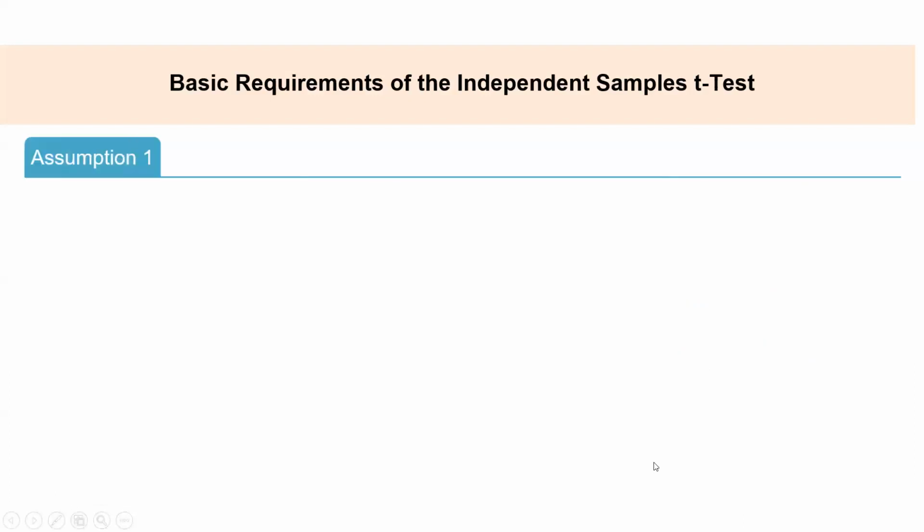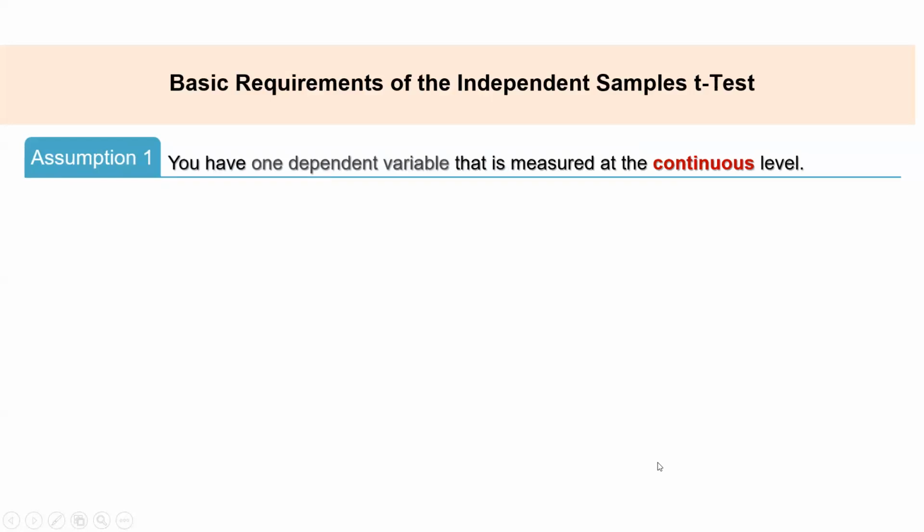Let's have assumption number 1. The first assumption is you have one dependent variable that is measured at the continuous level. Take note, you have an independent variable and you have a dependent variable. It is an important assumption that our dependent variable should be continuous.